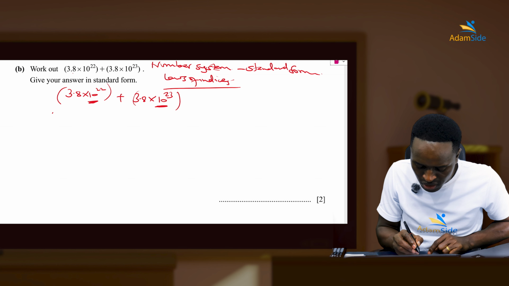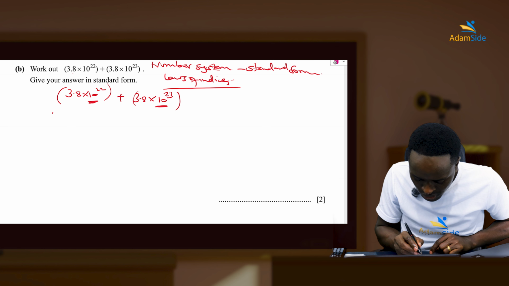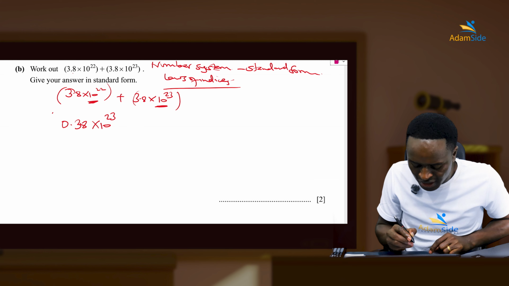This is 10 power 22 and this is 10 power 23. For us to be able to add them, they need to be in the same base. So to make sure that we have 10 power 23, we have to take the decimal back and multiply by 10 power 1. That means we have 0.38 times 10 to the power of 23.